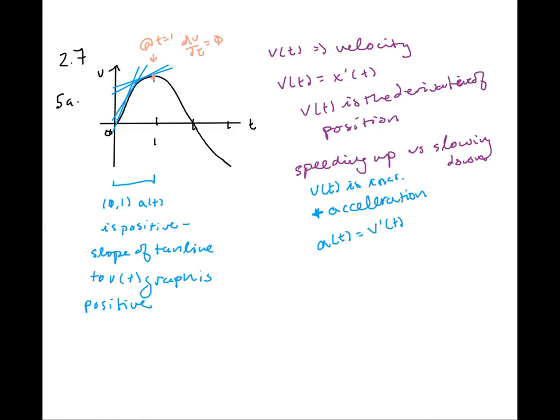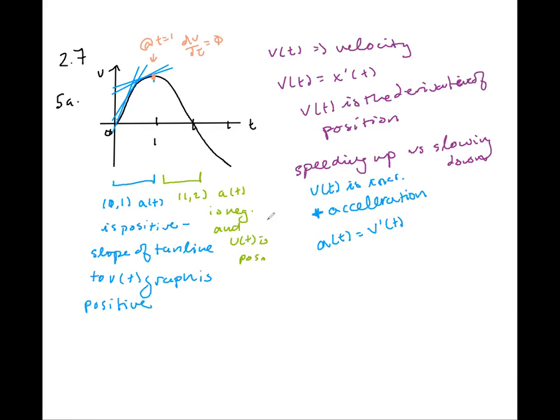So here, from 1 to 2, a of t is negative, which we can tell by the slope of the tangent line. And v of t is positive.